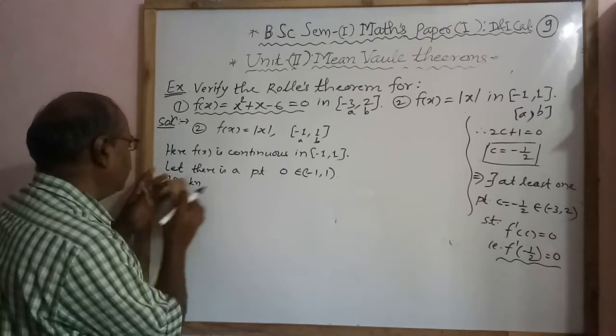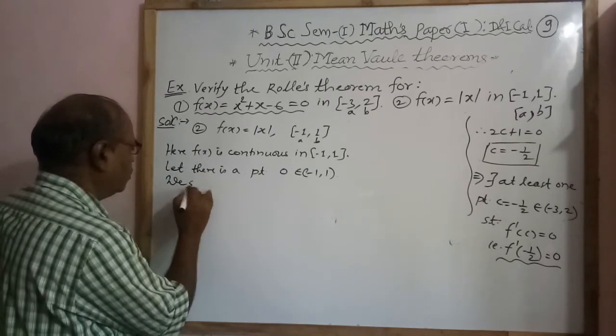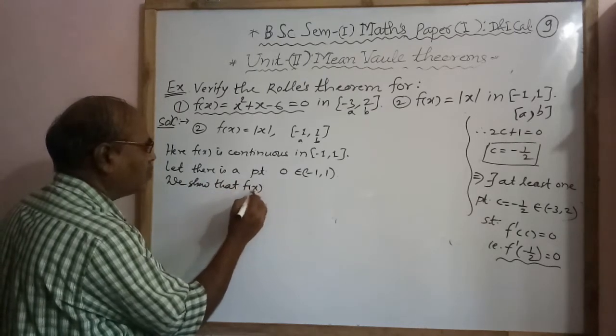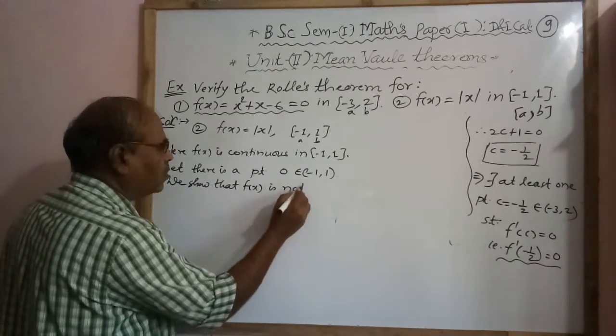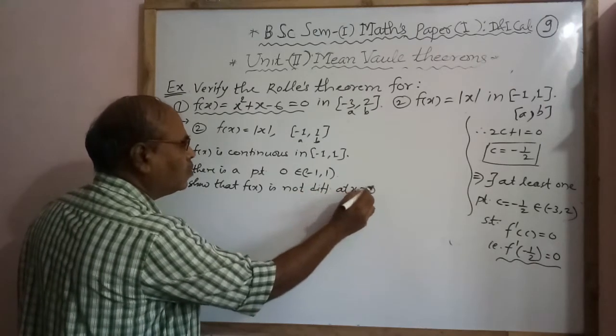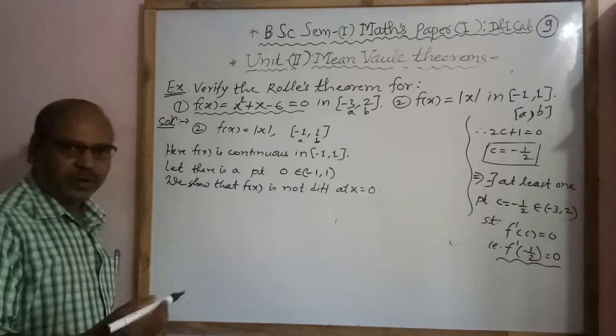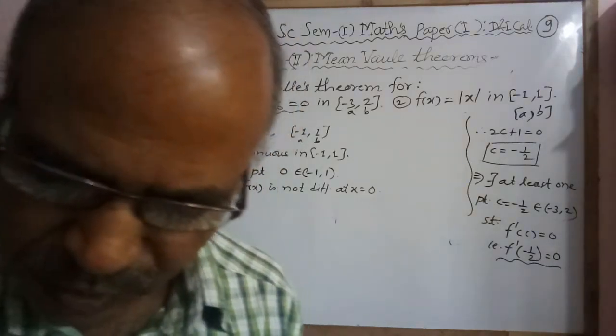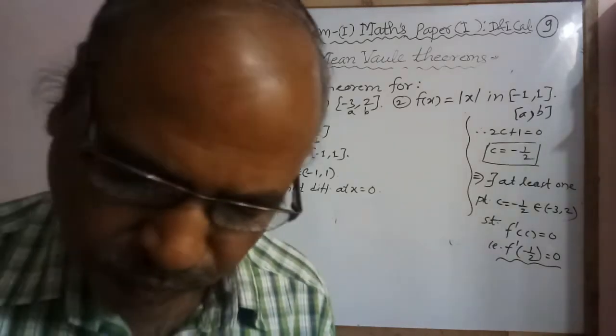We show that f of x is not differentiable at x equal to 0. Therefore, by the definition of differentiability, the condition is not satisfied. We have to show that the left hand derivative is not equal to the right hand derivative.